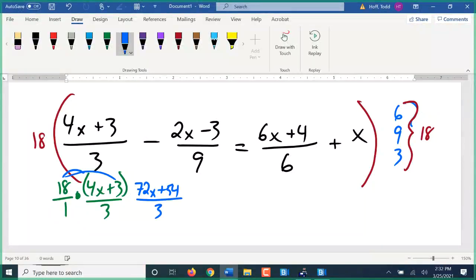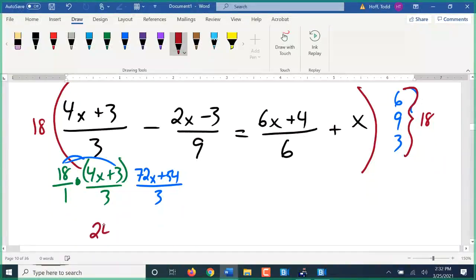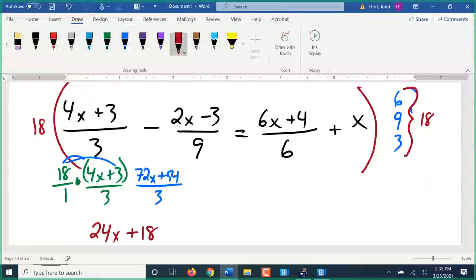Now I can divide that out. 72x divided by 3 is 24x. 54 divided by 3 is 18. It's a positive 18, so I'm going to put plus 18 there. That was the 18 times the (4x plus 3) over 3.